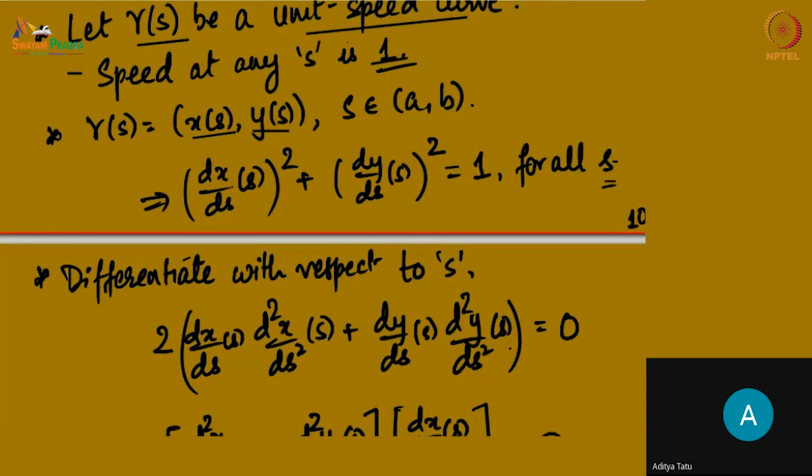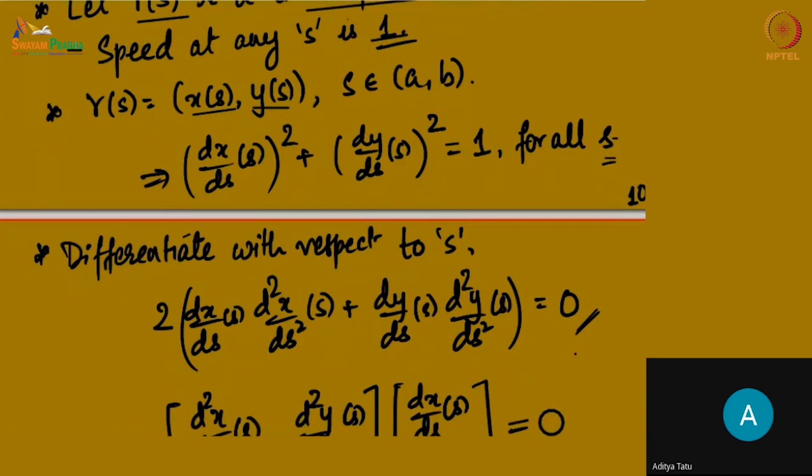Right hand side, since it's a constant function of s, doesn't change, so the differentiation of the right hand side will of course be 0. Is this understood? Yes, sir. It is understood. Okay.